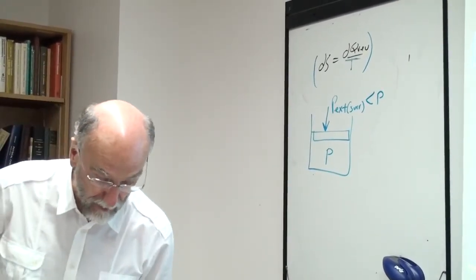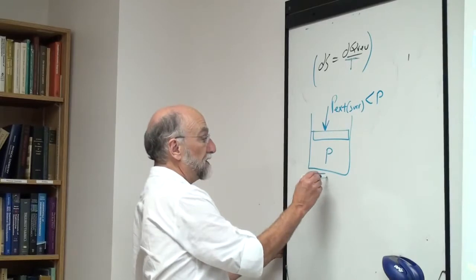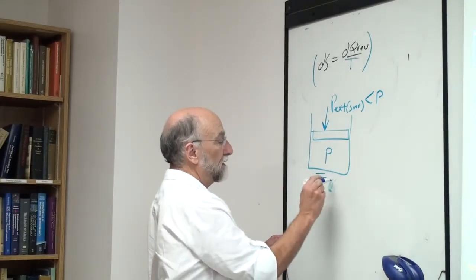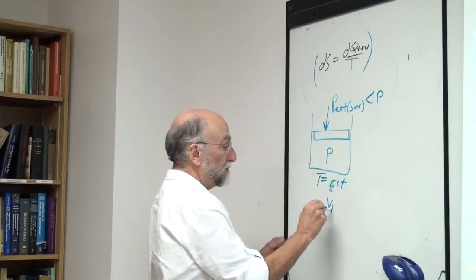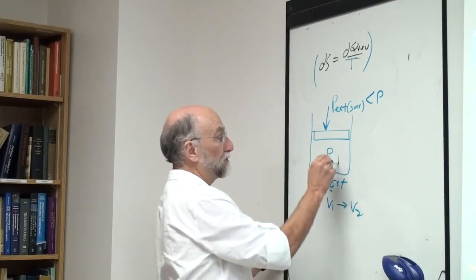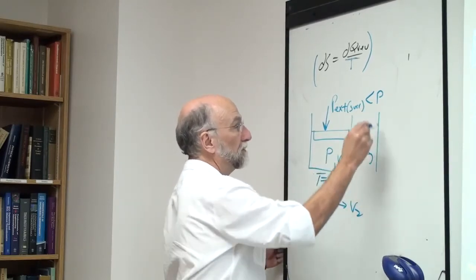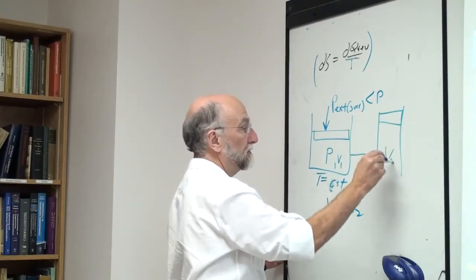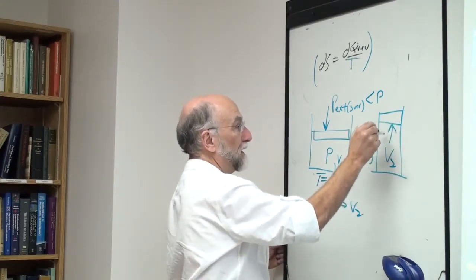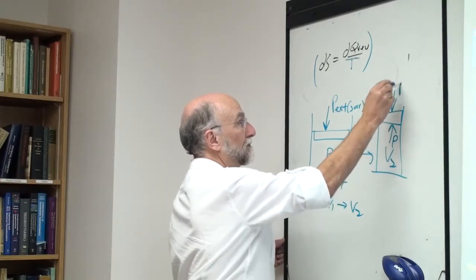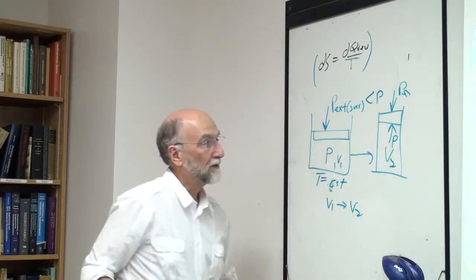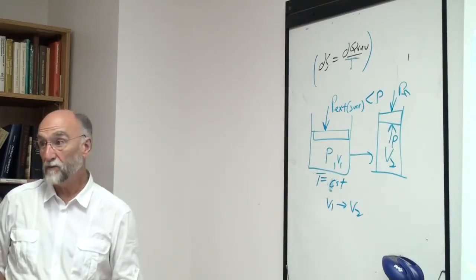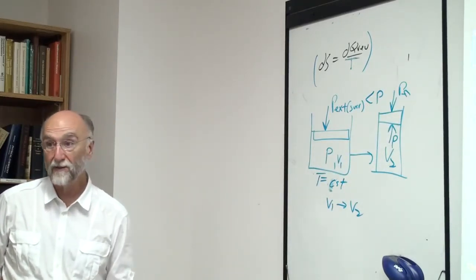Let's say T is constant, and we'll have it expanding from V1 to V2, at the same pressure. Okay, expanding from P1, V1 to V2 at a constant temperature.